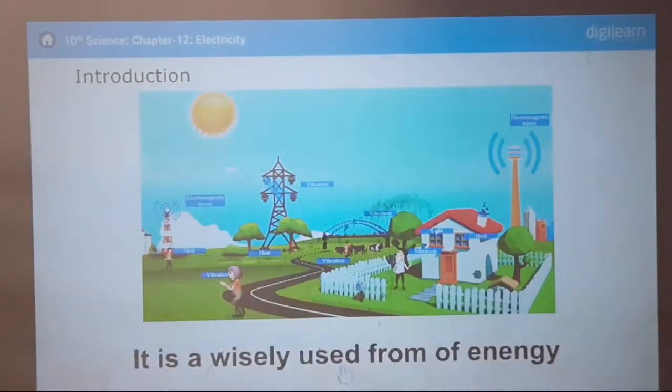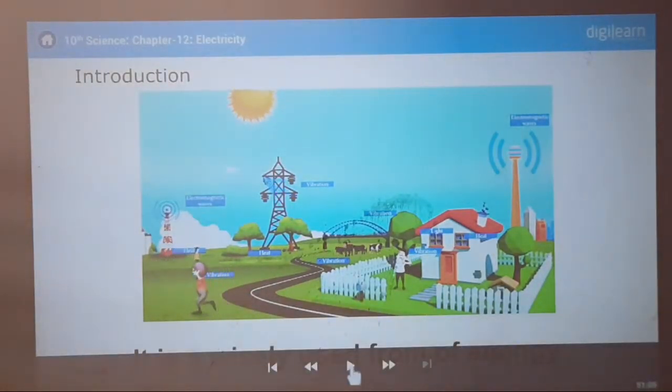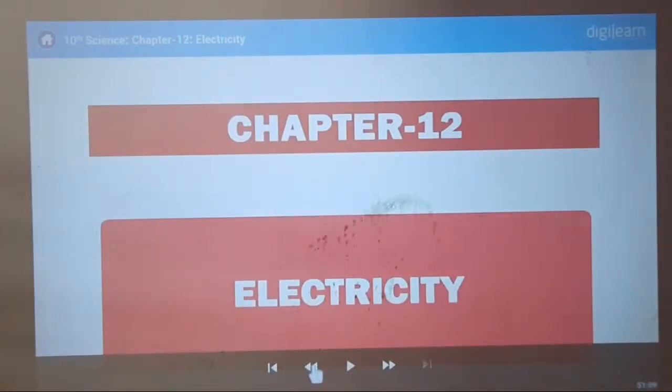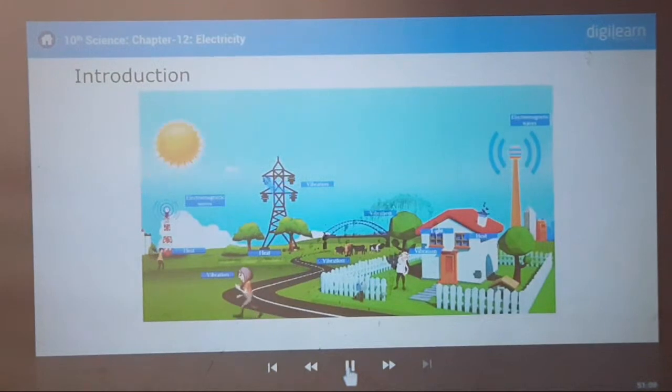Introduction. It is a widely used form of energy.